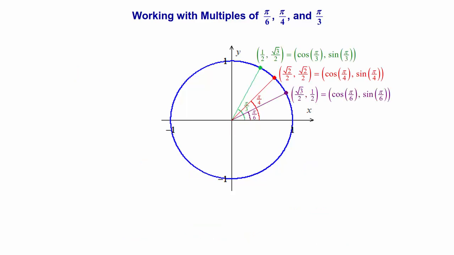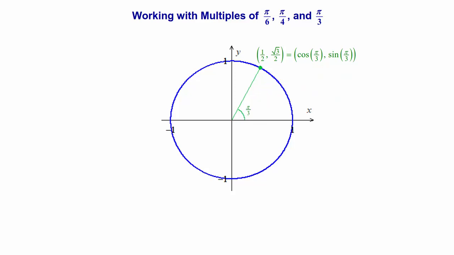All right, let's come back to our first quadrant angles, and now let's focus on the multiples of pi over 3. So we'll just isolate that angle, and let's use the symmetry of the circle to find the coordinates of 3 other points in the other 3 quadrants that involve the same numbers, 1/2 and root 3 over 2, but we occasionally have to make them negative depending on what quadrant we're in.